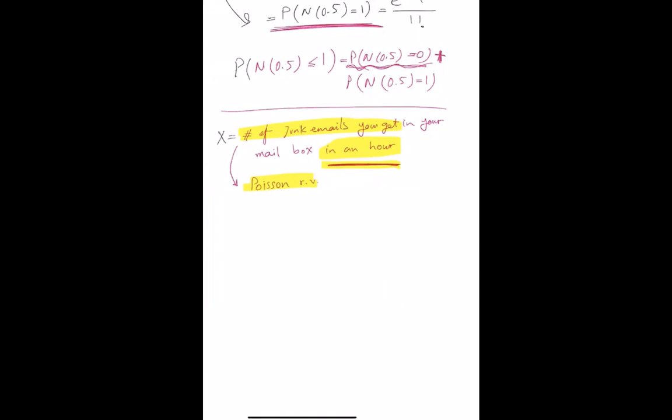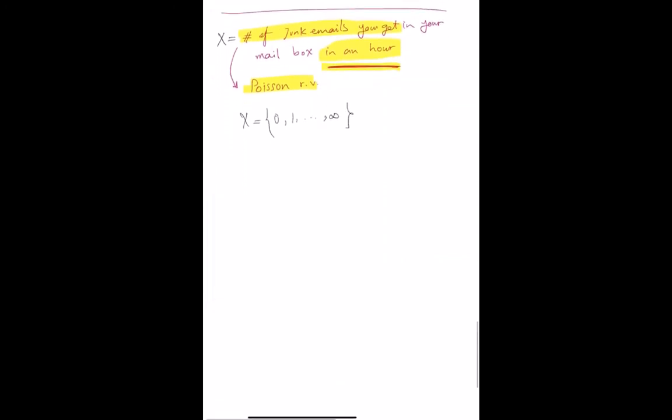Okay, and then like any other random variable, let's assume I call this X, the number of junk emails that you get in your mailbox in an hour. Then X, like any other Poisson random variable, can be 0 emails, 1 email, all the way to infinity.